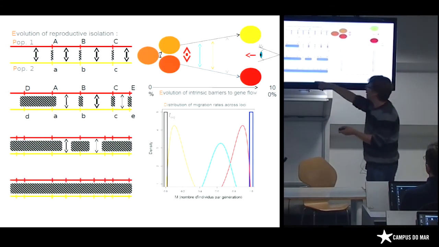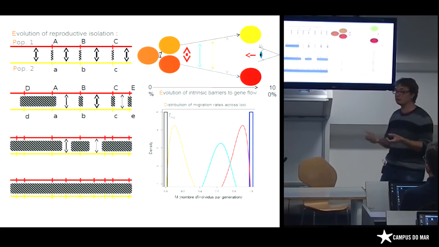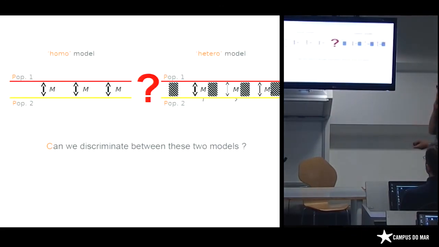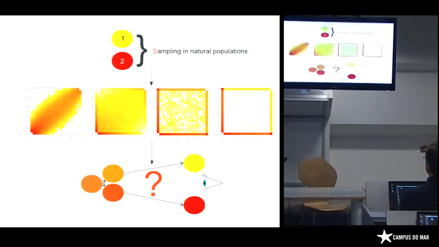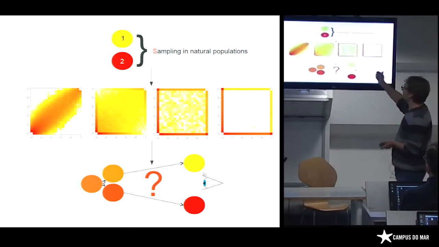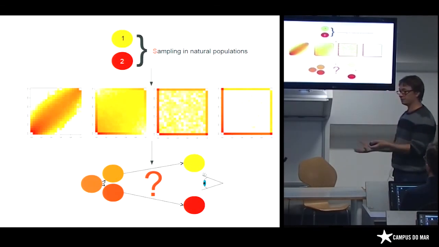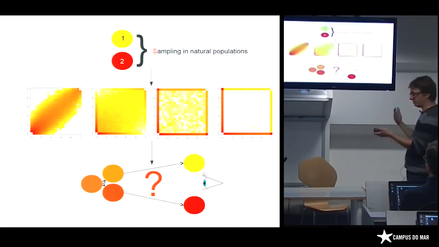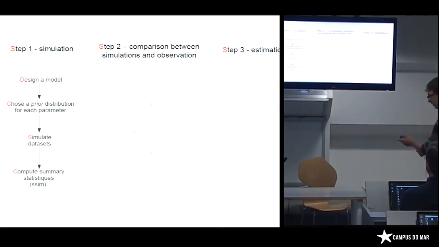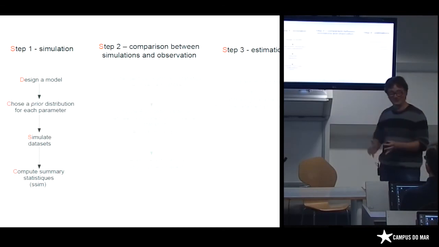And at the end you have homogeneously low gene flow. So can we discriminate between these two models? So we use genetic data to evaluate different models on the basis of the GSFS observed in the data and the GSFS simulated under different kinds of scenarios. Okay, so this was the introduction.